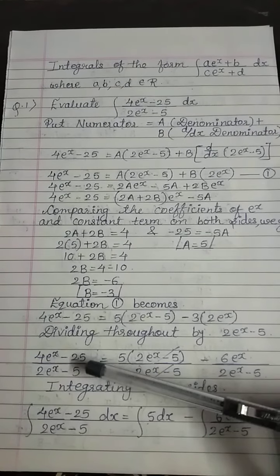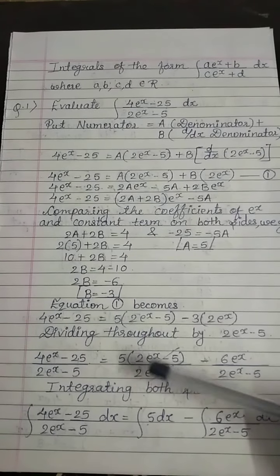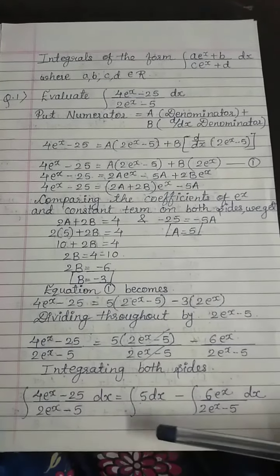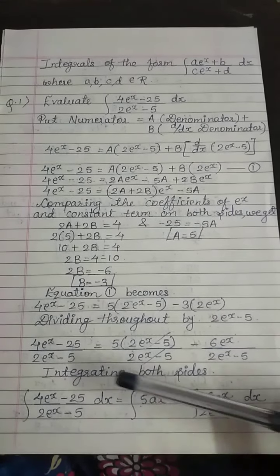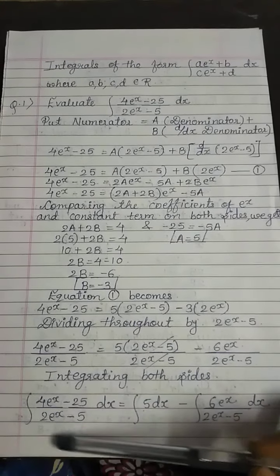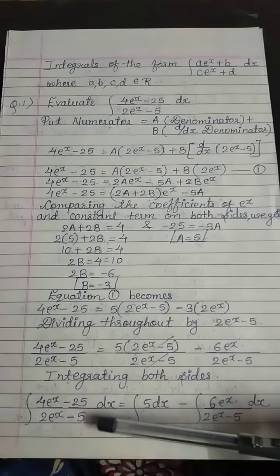When we divide throughout by that term, in the first term both get cancelled and we write the remaining terms. Now integrating both sides, this is nothing but the original question, so we call it term I.